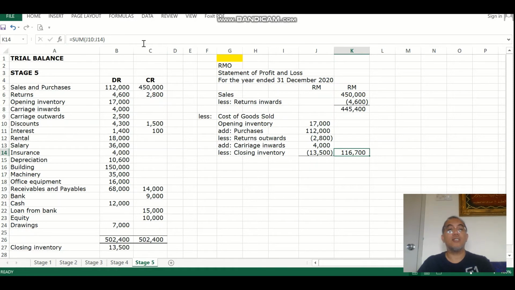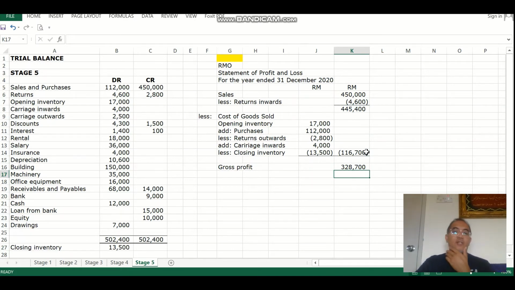So I need to put it in the bracket. Okay, and now I will get my gross profit. My gross profit is 328,700. Okay, the business is still good.